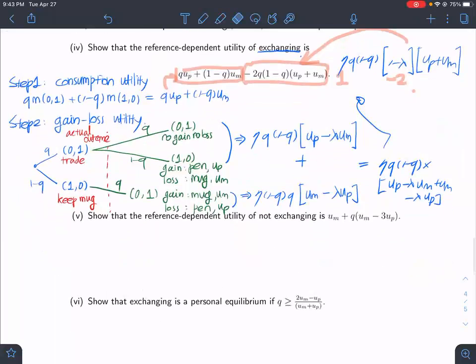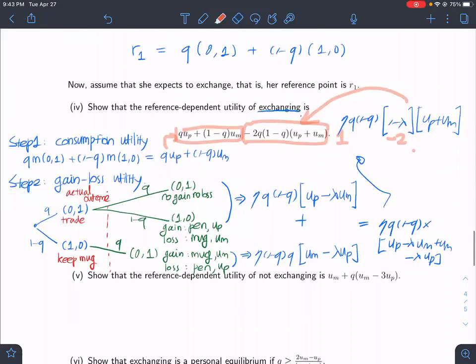Question 5. Show that reference-dependent utility of not exchanging under this R1 is this. Now this one is easier. Looks easier, right? Because there's not much terms involved. Now let's see if it's true. If you don't exchange, then consumption, I was stupid.